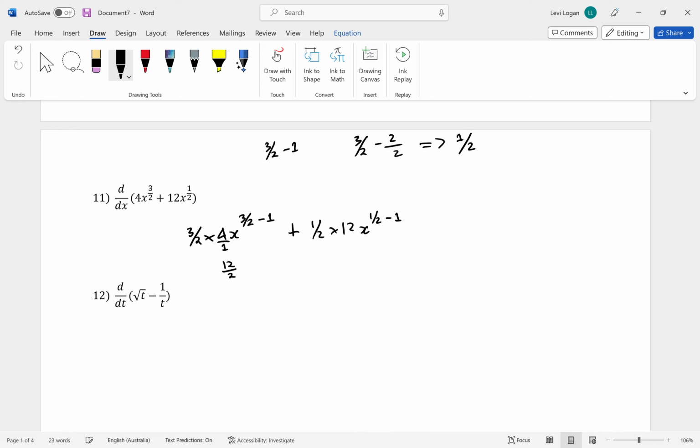So you're going to have x to the half plus a half times 12, which is just the same as dividing by 2. So half of 12 is 6. So you're going to have 6x to the power of a half minus 1, which is negative a half. This can also simplify to 6. So I'm just going to rub that out. Yep, so it's going to be simplified to 6. So that is the correct answer for question 11.